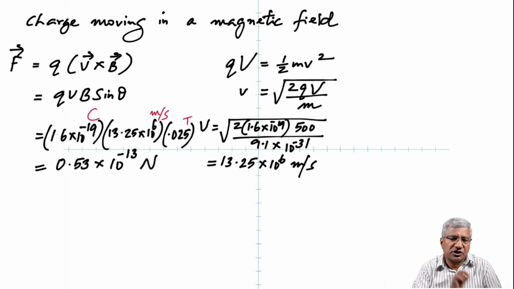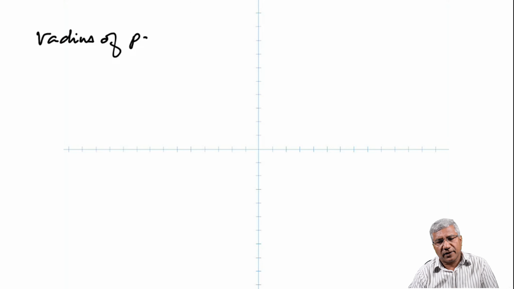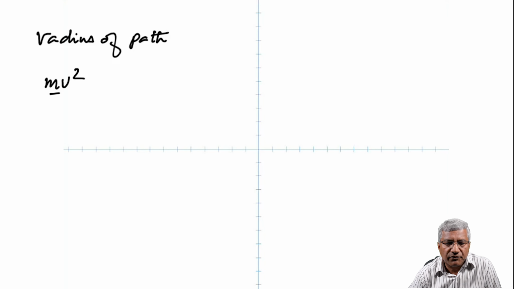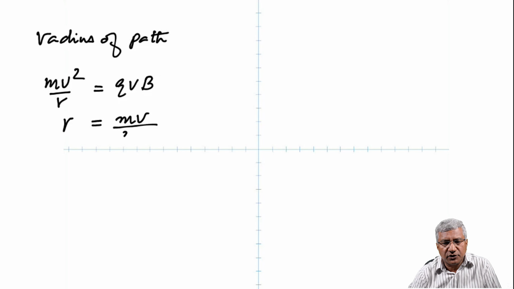In this case, the centripetal force is QVB. So we would put the two equations together to find the radius. Shall we do that? So here is the radius of the path of a charged particle through a magnetic field. That's the centripetal force. mv squared by r is equal to qvb. Rearrange and you get the radius as mv by qb.